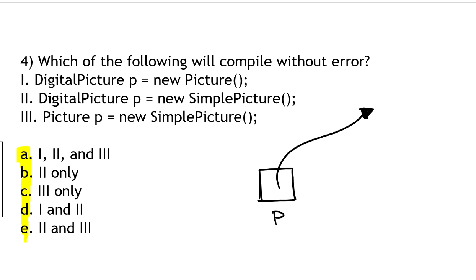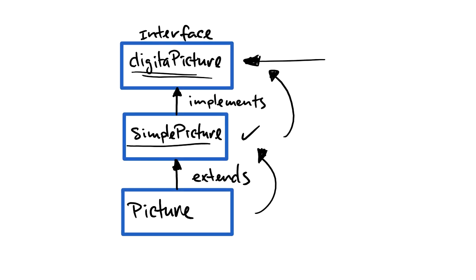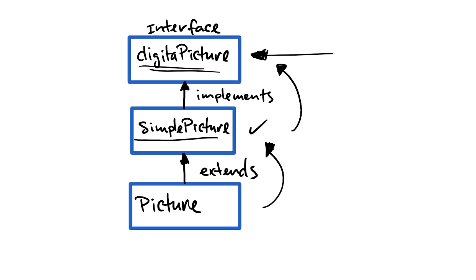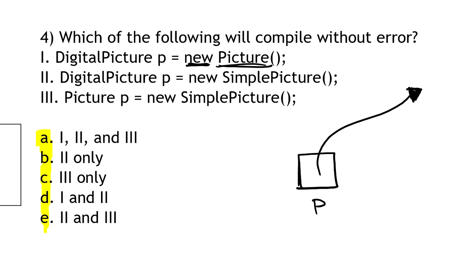Because of that, we can say with great confidence that yes, I could use the keyword new, and I could use the picture class to create a reference variable pointing to something that realizes the digital picture interface. Picture does it again because it extends the simple picture class, and the simple picture class implemented the digital picture interface.